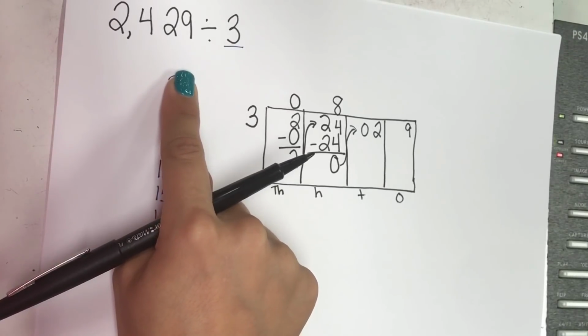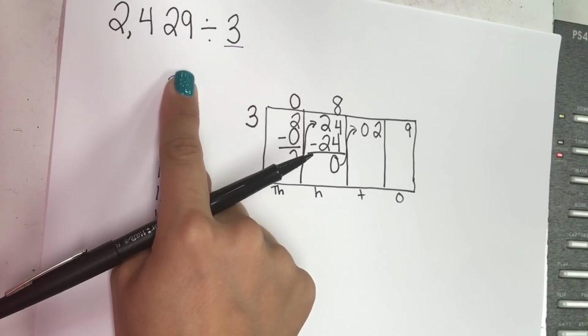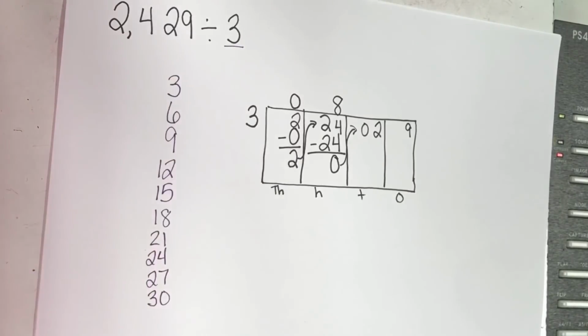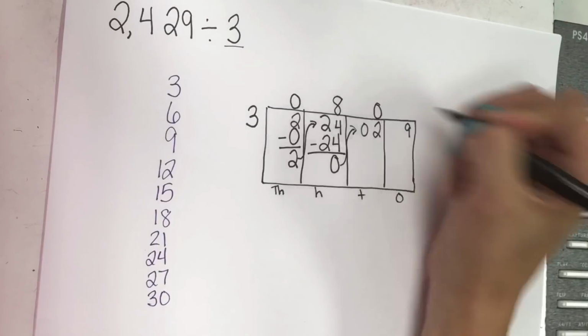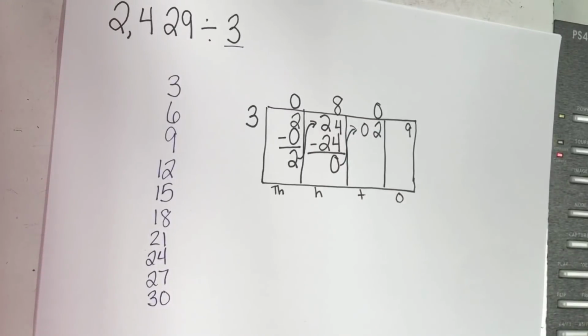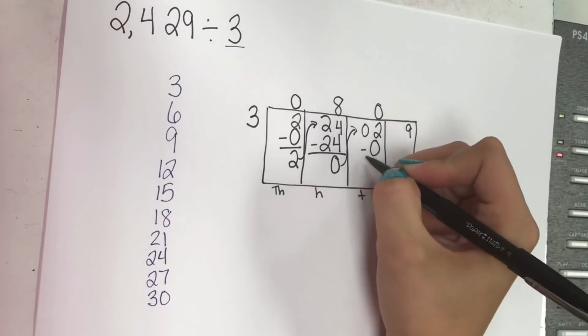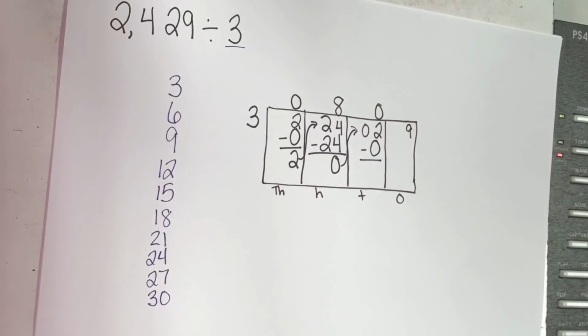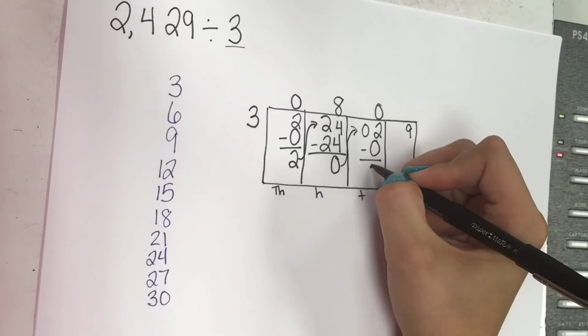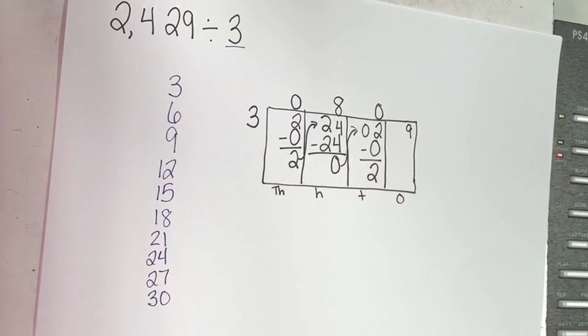So how many numbers are above that? 0. There are no numbers above that. So how many did I use? 0. So how many do I have left? 2. I have 2 left.